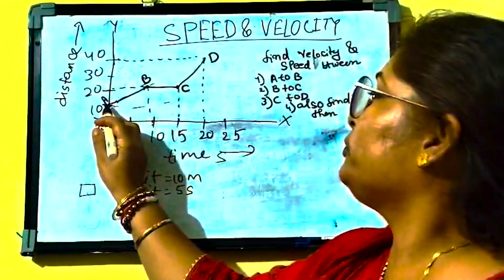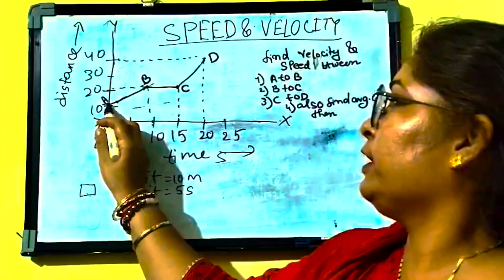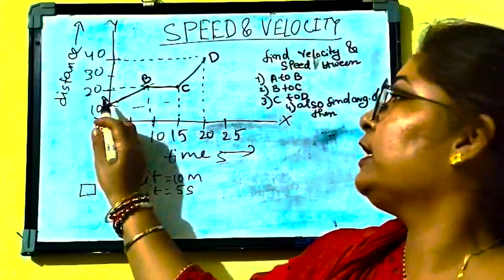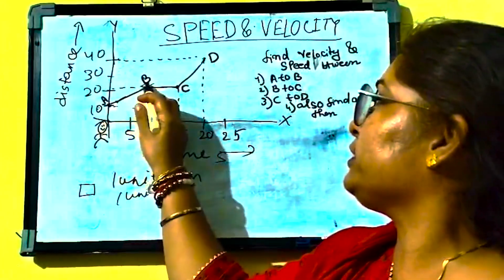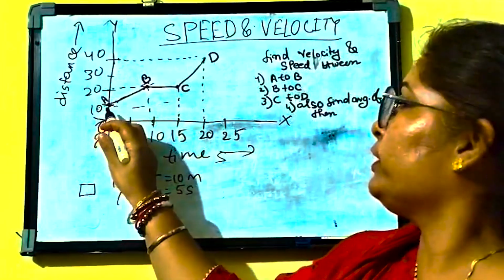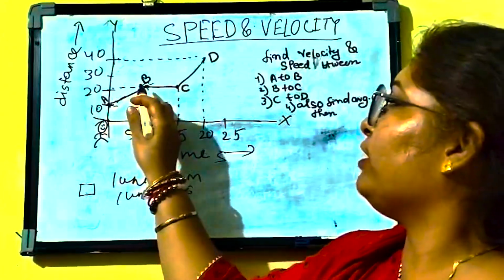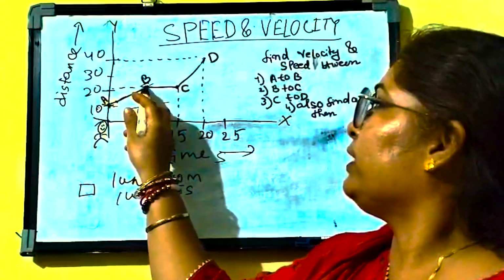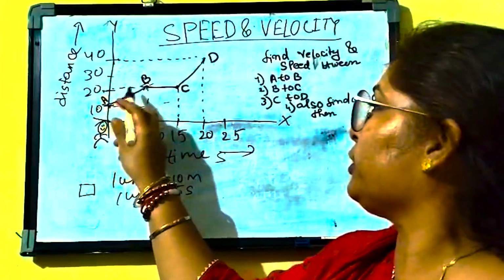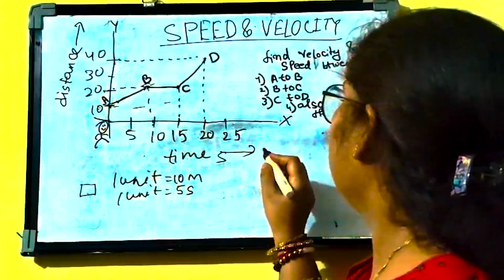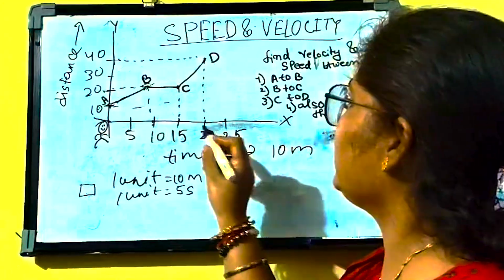Now the object is at position A. The initial position is 10 meters, and it moves from A to B. Now it has reached point B. B is at 20 meters, so it traveled a distance of 10 meters. And what is the time?